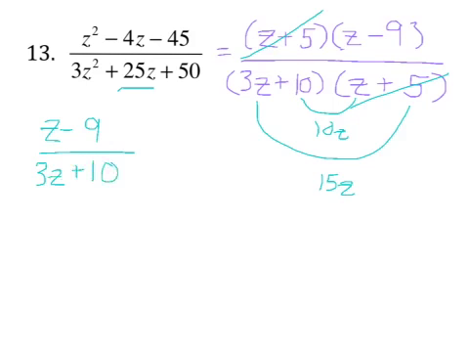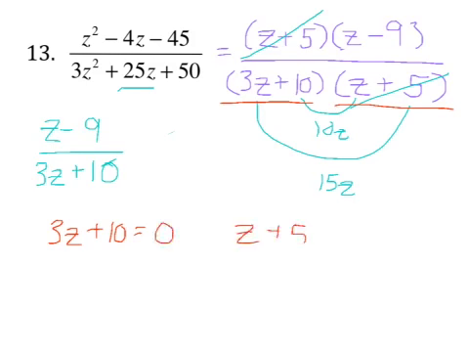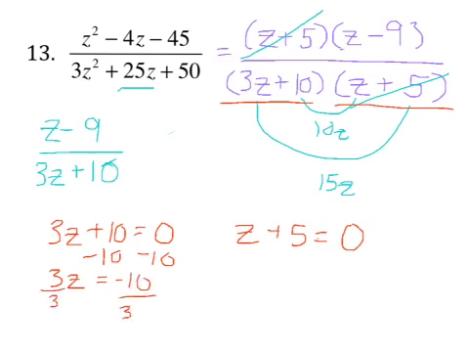Now going back to the excluded values, we want to take our 2 factors, 3z plus 10 and z plus 5, and we want to set them equal to 0. So for our first factor, we get 3z equals negative 10. And when we divide by 3, we have z equals negative 10 thirds.